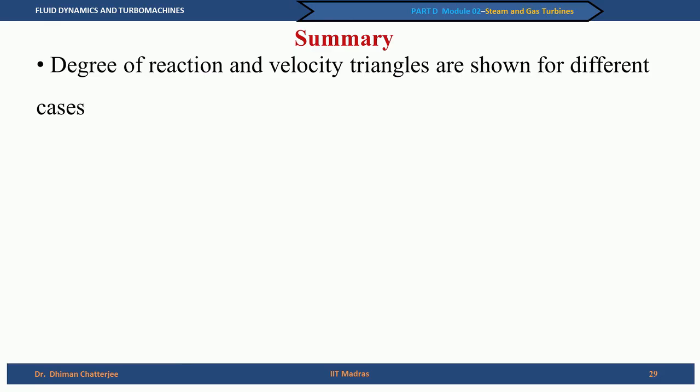We talked about the requirements of the velocity triangles, and from there the requirements of the blades. We talked about symmetric blading, where beta 1 and beta 2 are connected by the relationship 180 degrees minus beta 1 equal to beta 2, and we also talked about symmetric velocity triangles, when we talked about R equal to 0.5.